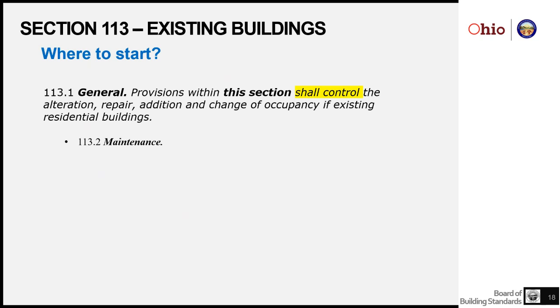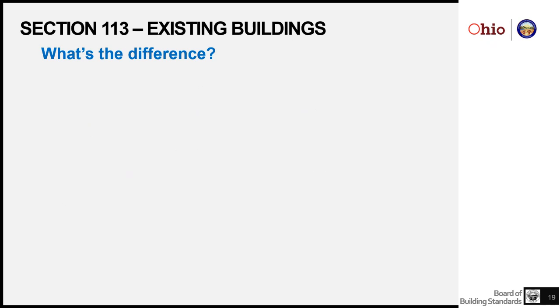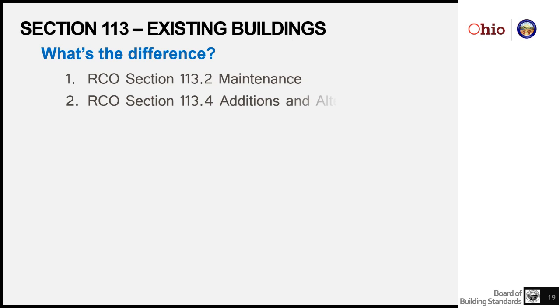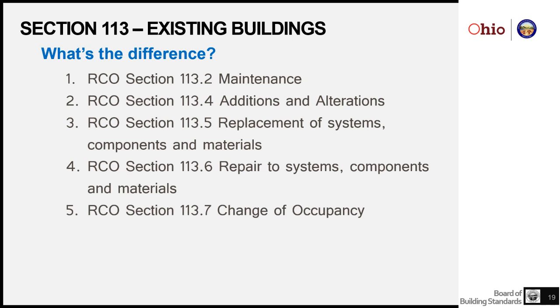In section 113, then there's a whole bunch of other sections that deal with maintenance of existing buildings, additions and alterations, replacements, repairs, changes of occupancy, and moved structures. So what's the difference with all these sections? Why don't we just apply all of the provisions for new construction to that dwelling as you're doing any of these things, and that's it?